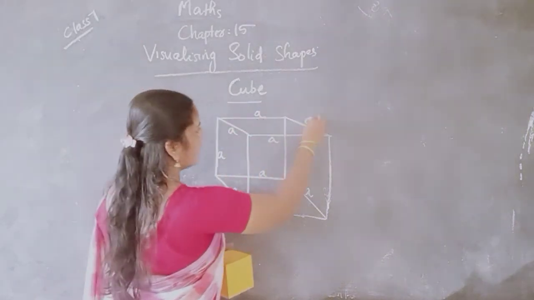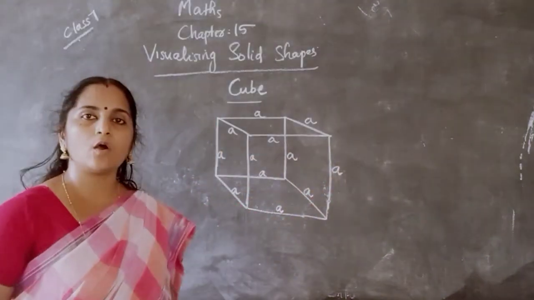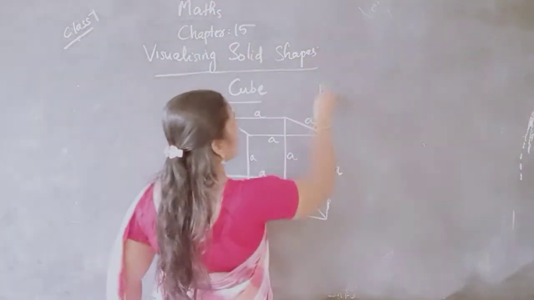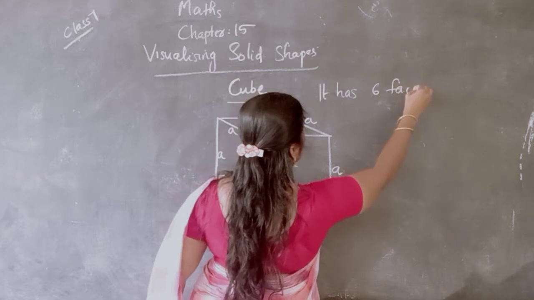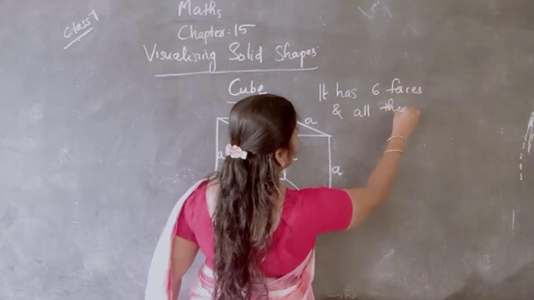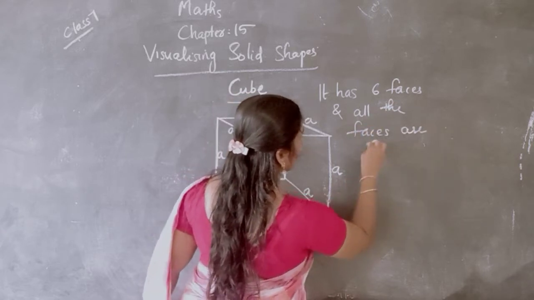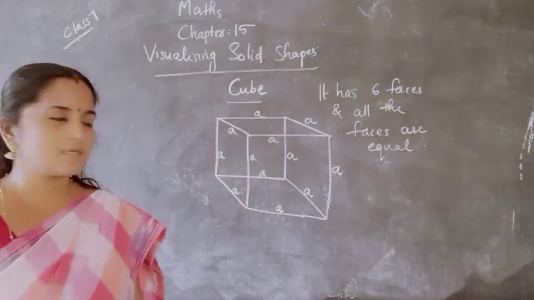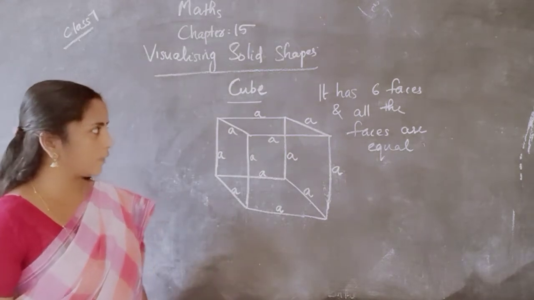So instead of LBH, we use a common letter A. It has 6 faces, and all the faces are equal.